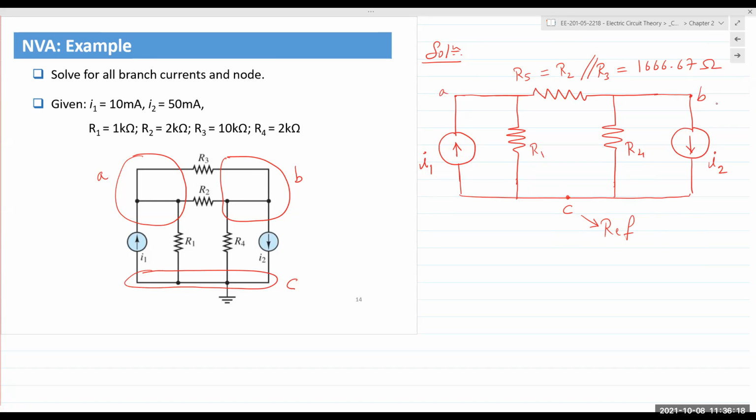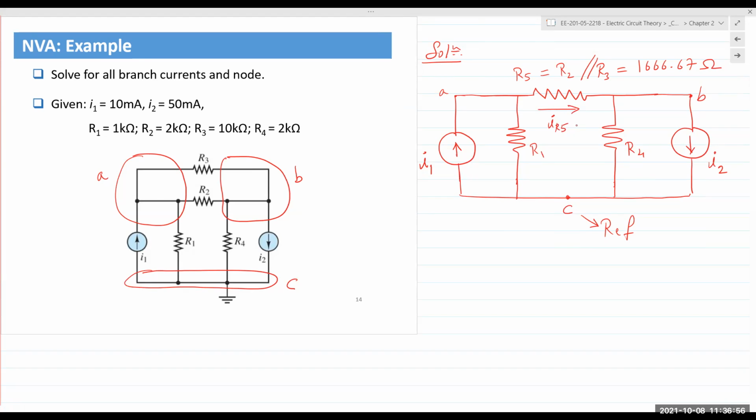Next, we choose current directions. I1 is going up, I2 is going down. So R5, logical assumption to be made, is going from left to right. So I'm going to choose going left to right, IR5. How about R1 and R4? Not quite so clear. But again, it does not matter what we choose. We can choose them going up, we can choose them going down, mix and match, whatever you want.